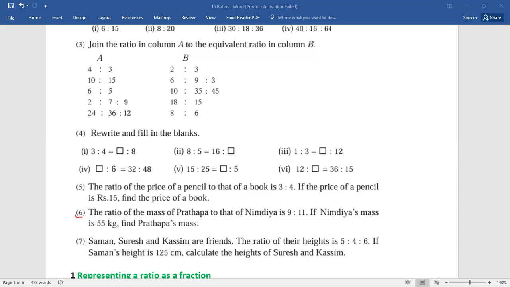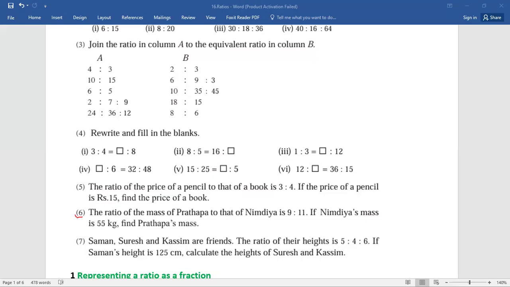Sixth one. I will read the question. The ratio of the mass of Pratapa to India is 9 to 11.